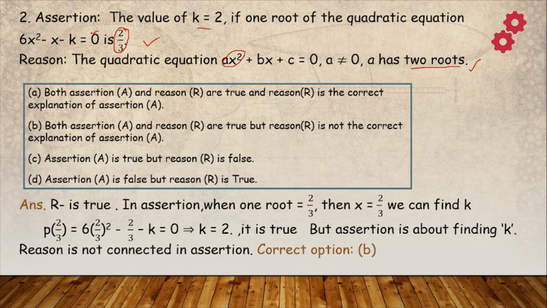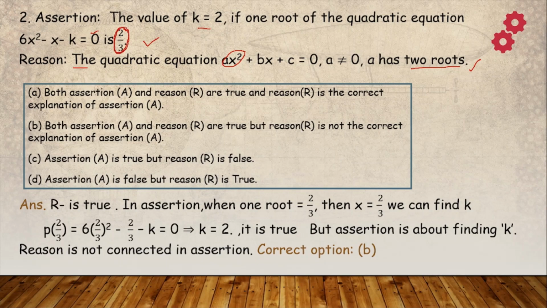When two statements are true, what I told you, you have to check with that cute tip. First, the reason is saying about the number of zeros of a quadratic equation. But the assertion is telling about whether this value is a zero.